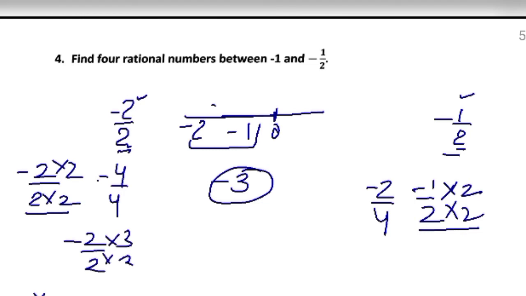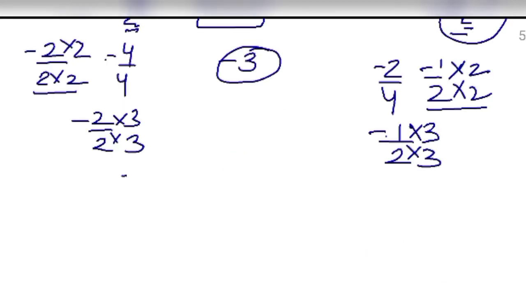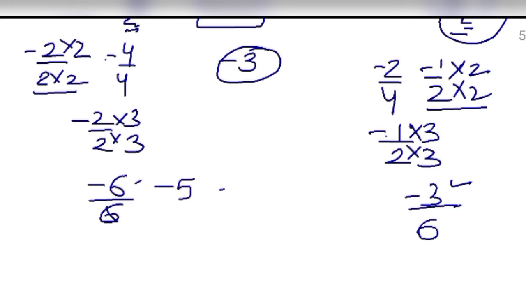So multiply this 2 upon 2 by 3, and check. This by 3. So 3 2s are 6 of minus sign, 3 2s are 6. 3 1s are 3 of minus sign, 3 2s are 6. Now between this minus 6 and minus 3, how many integers are there? Minus 5, minus 4.